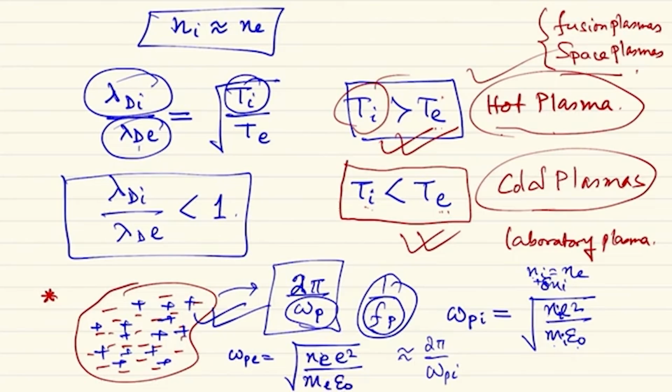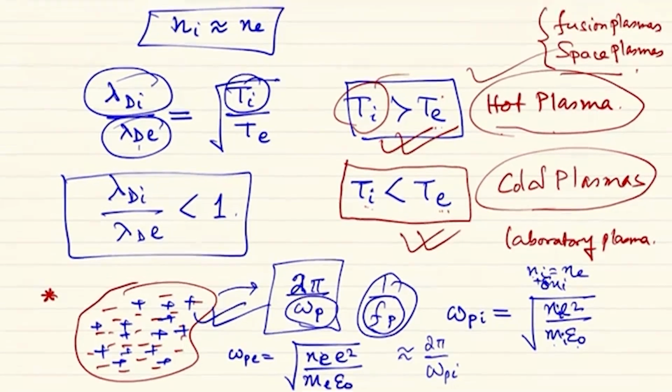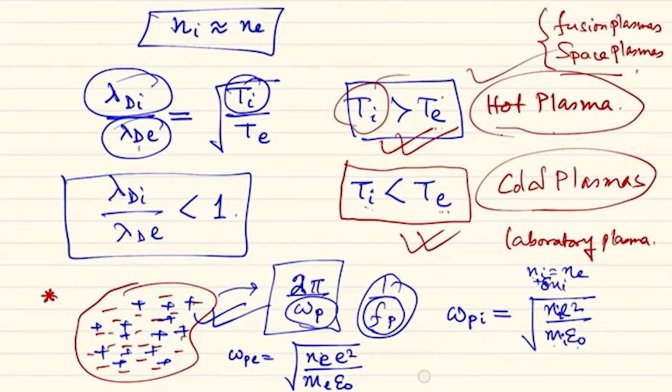Now, if you want to compare those two, omega pi to omega pe will be simply equal to, again Ni is almost equal to Ne, root over Me by root over Mi.